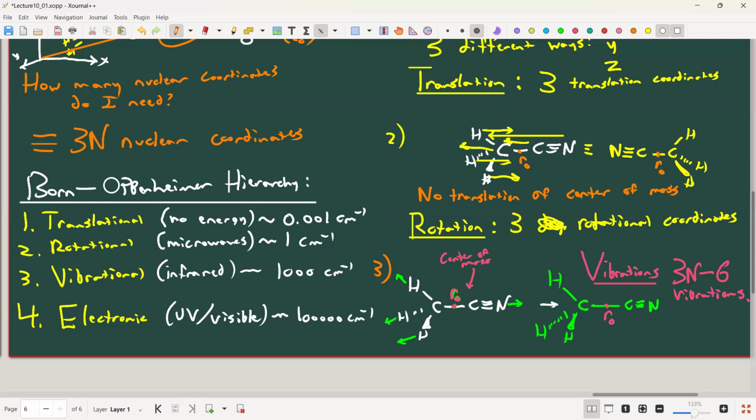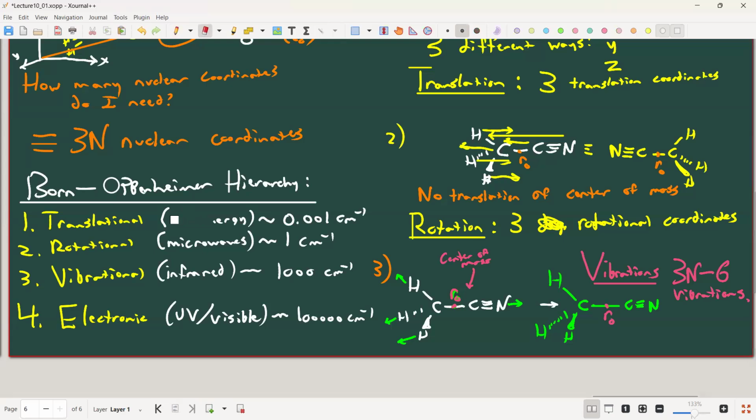This is why we do different spectroscopies and get different information: the hierarchy of motion of electrons and nuclei spreads things out, and it allows us to focus our spectroscopy. Translational, I wouldn't really call that spectroscopy. This is literally what happens when you heat a sample up. You're exciting velocities, translation. So that's just heating. I should just say this is heating. I'm just going to write that.